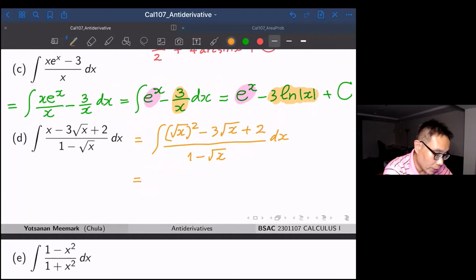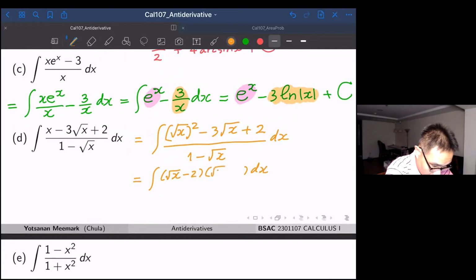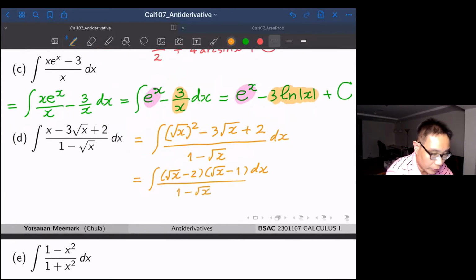So you'll be able to factor this one as 2 parentheses dx, and it's going to be root x minus 2 times root x minus 1, and you're going to divide by 1 minus root x, okay?